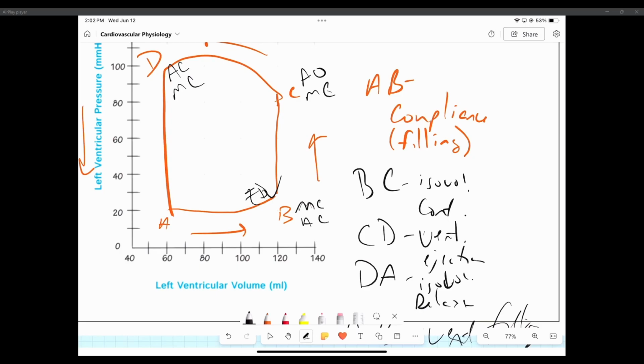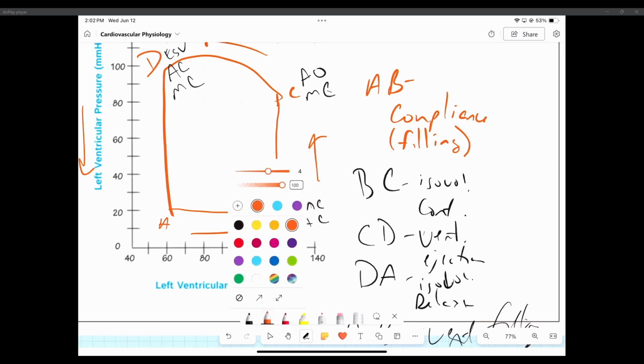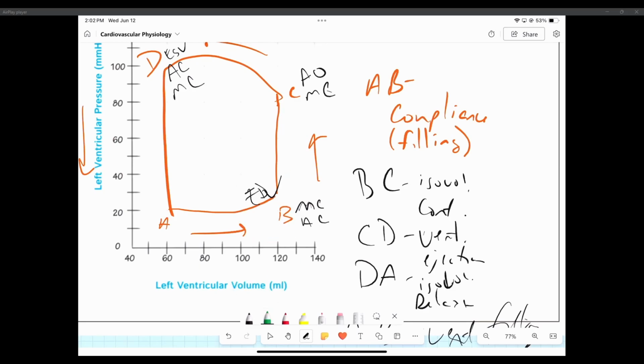What letter would be our end systolic volume? D. That's our end systolic volume. So, the last thing we can get from this graph is our stroke volume. Stroke volume is just the distance between the two lines.